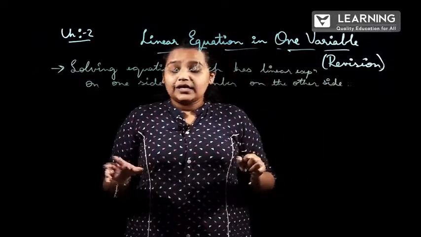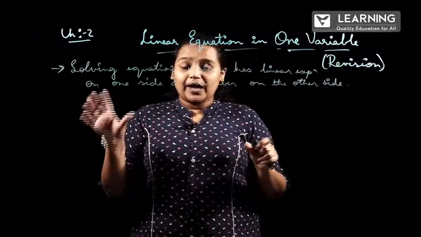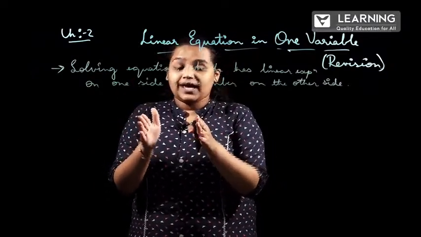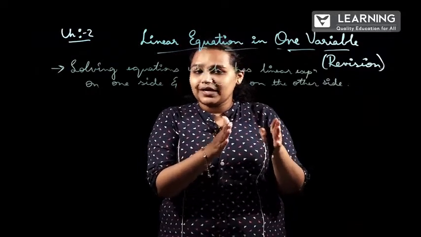So here they will be giving one equation where on one side it will be just an expression and on the other side of the equals it will be numbers.